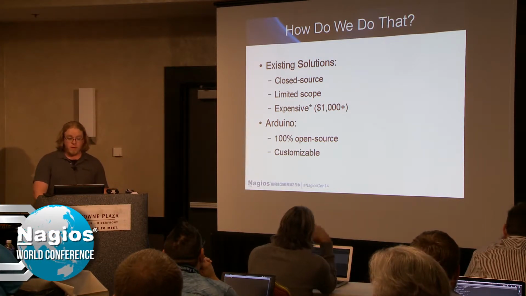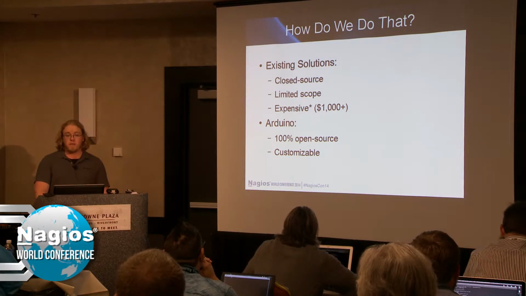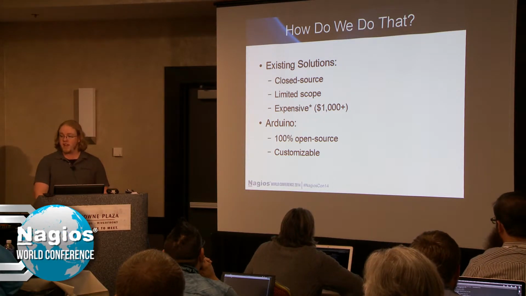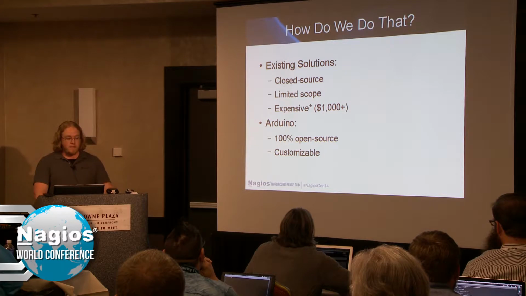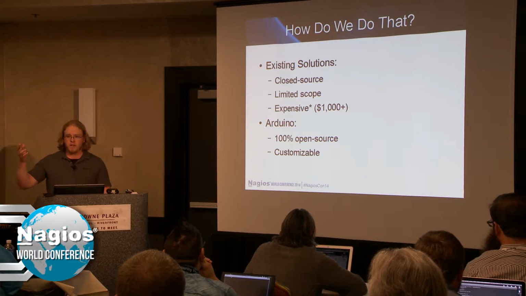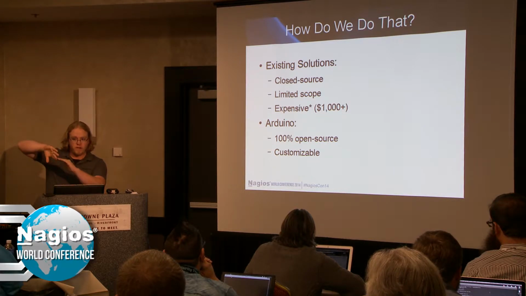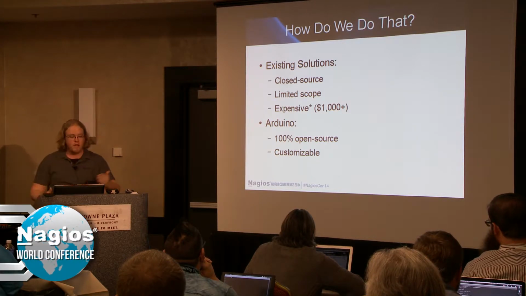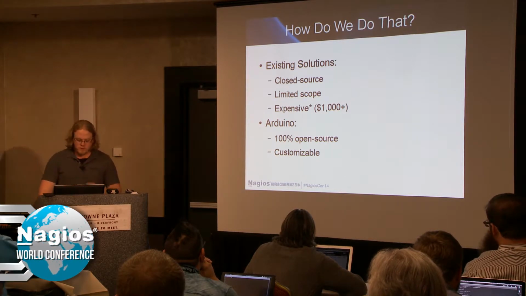So the beautiful thing about it is if it doesn't do something that you want, you have the power to change that, right? If I find out that I want my window sensor to also detect tilt, so maybe it's not a window that opens like this, it's one that opens like this, you could detect tilt. It's very, very easy to make those changes.